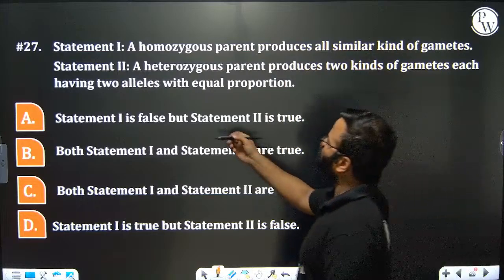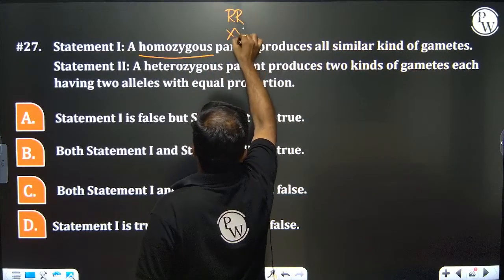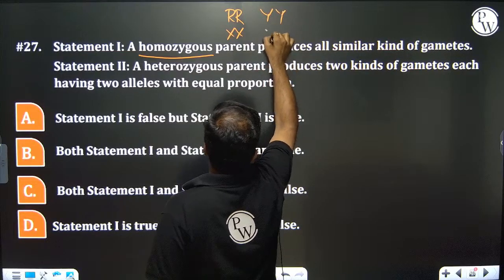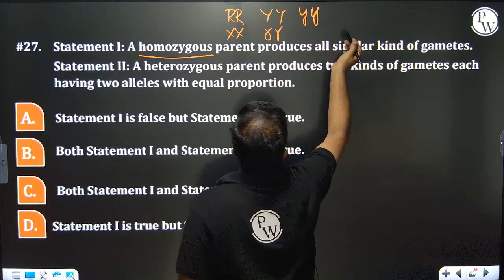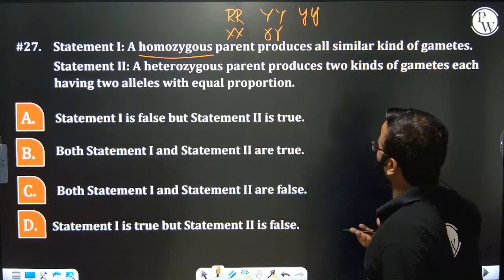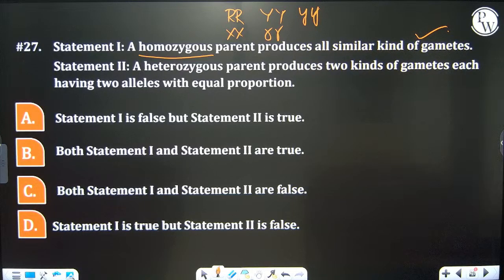If the parent is homozygous, like this or like this, they will produce 100% similar gametes, which is true. A heterozygous parent produces two kinds of gametes, each having two alleles with equal proportion. This statement sounds a little bit funny.